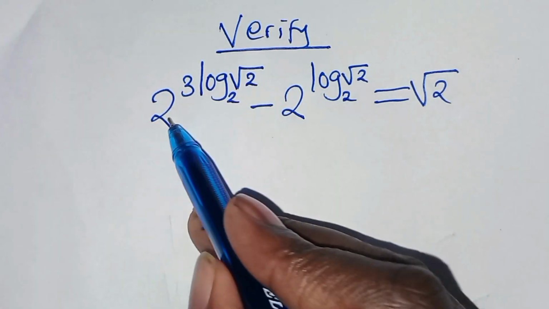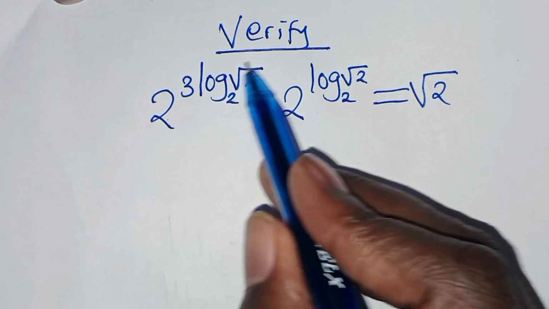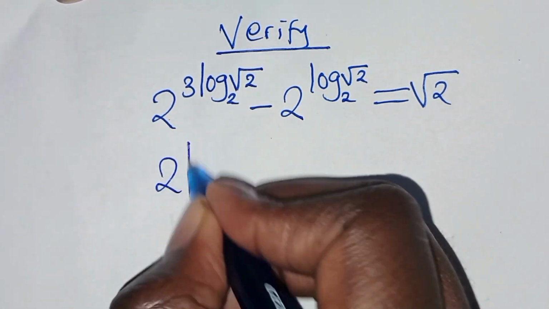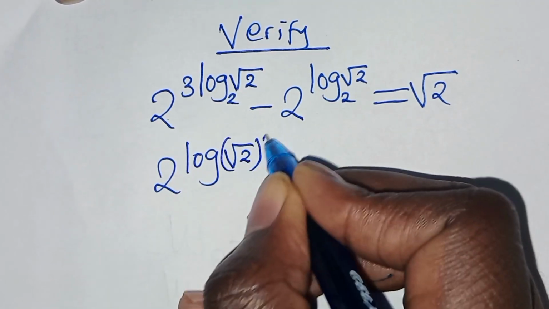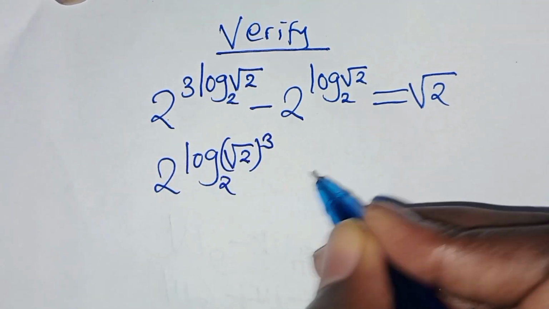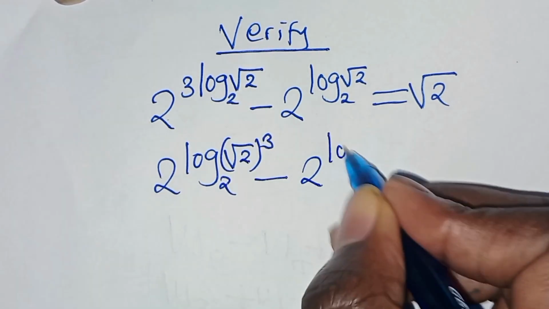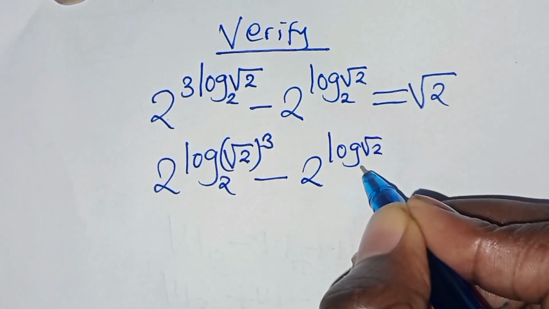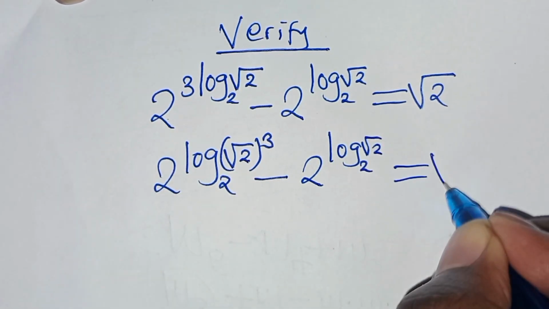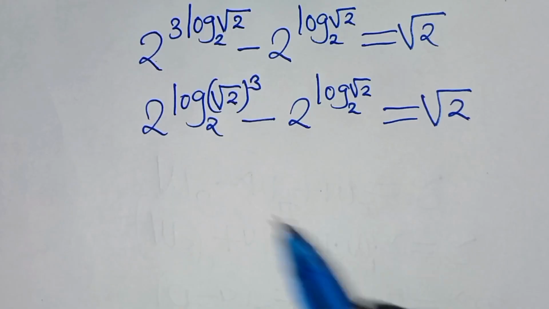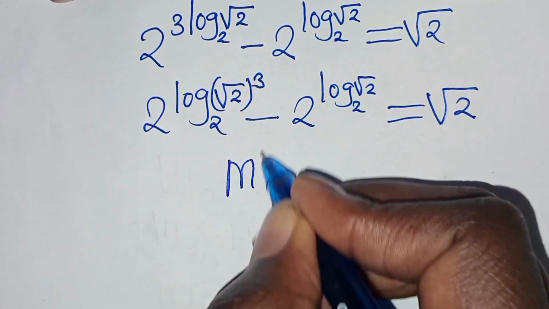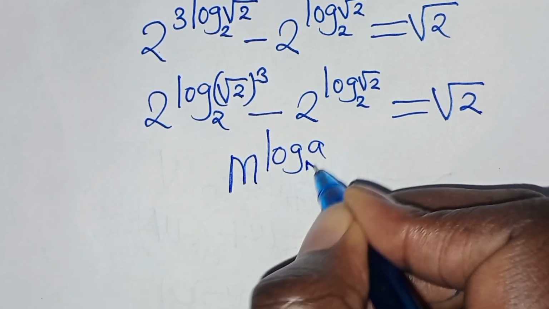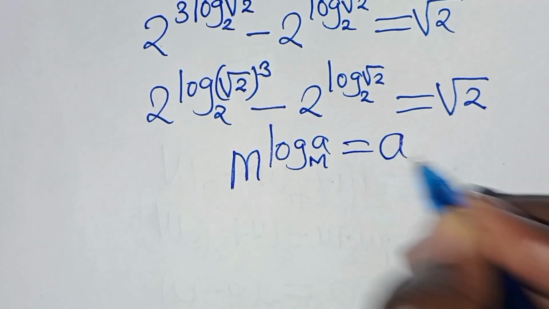So we can express 2 to power 3 log square root of 2 to base 2 as 2 to power log square root of 2 raised to power 3 to base 2. Then subtract 2 to power log square root of 2 to base 2. This should give us a value of square root of 2. That's 2 to power log square root of 2 to base 2. This is in the form of m to power log a to base m, which should give us a value of a.